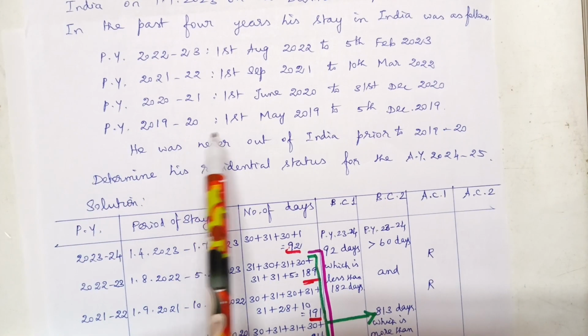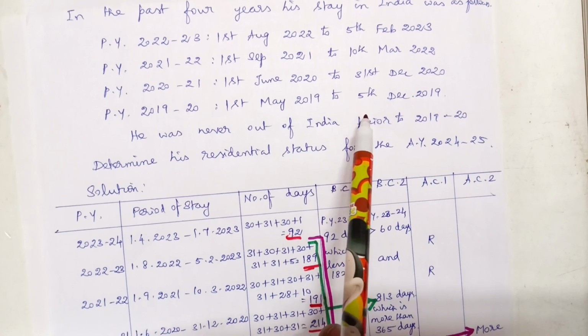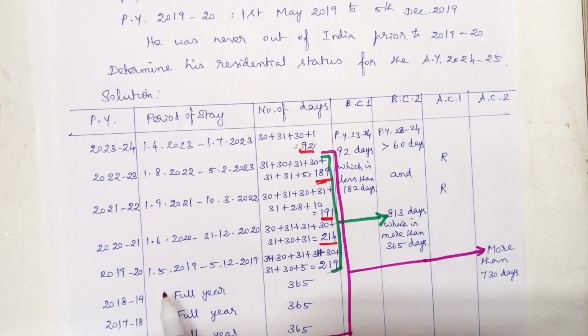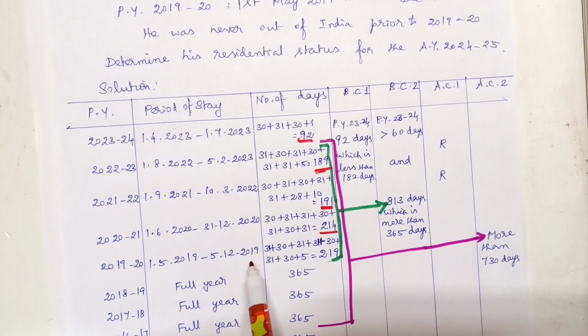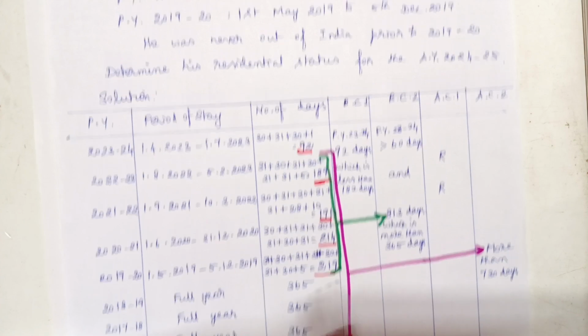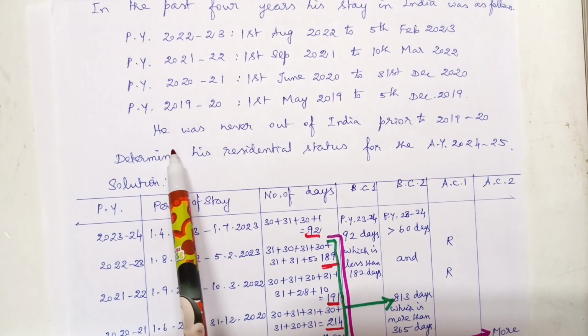Then 19 to 20, 1st May 2019 to 5th December 2019. May 31 days, June 30, July 31, August 31, September 30, October 31, November 30, then December 5 days. So totally 219 days.